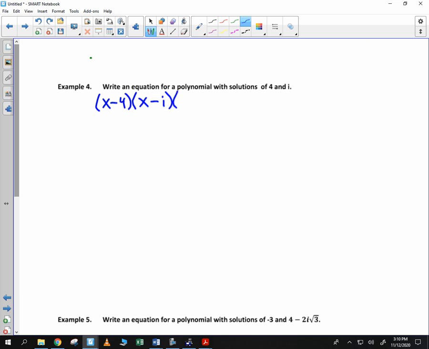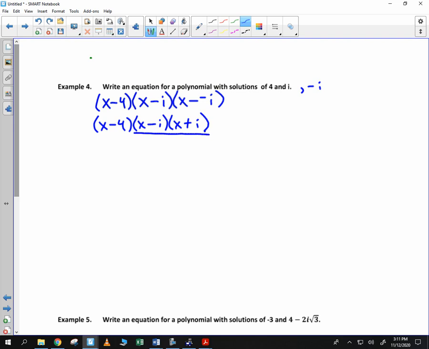And we know that all imaginary solutions come in pairs, so negative i is also a factor. This is a polynomial. We will go ahead and write it out: x minus 4 times x minus i times x plus i.